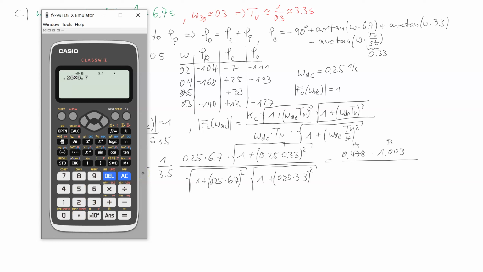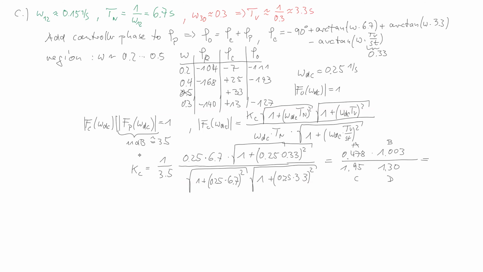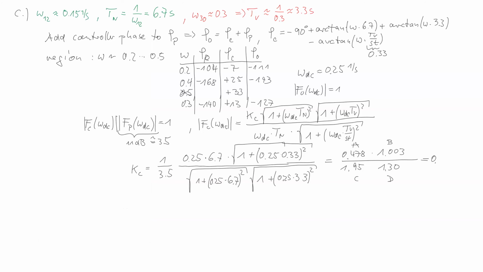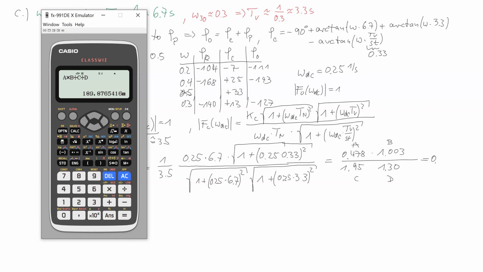And finally we have here the last expression: 0.25 times 3.3 is this, squared is this, plus 1 is this, square root of the answer is this. 1.3, store D. And if I put all things together, then we have shift A times recall B divided by recall C divided by recall D, which is 0.899, so 0.19.